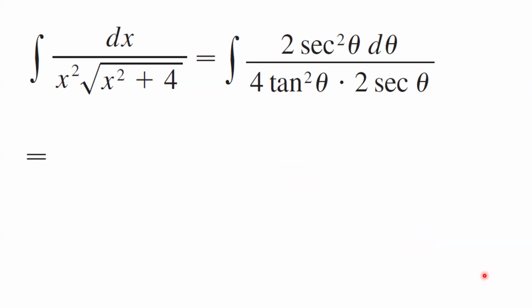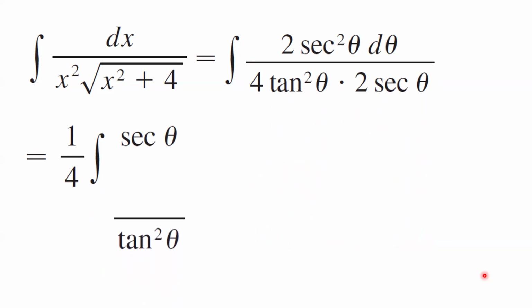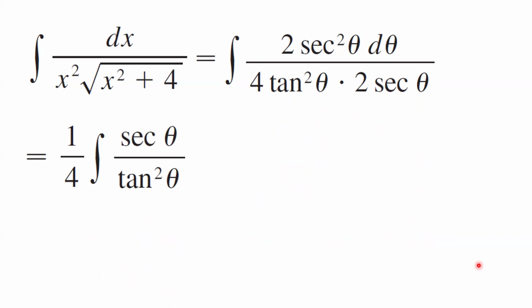If you simplify this further, you get 1/4 the integral of secant squared theta d theta divided by tangent squared times secant. You can simplify secant and secant squared, and you end up with just secant on the numerator and tangent squared on the denominator.